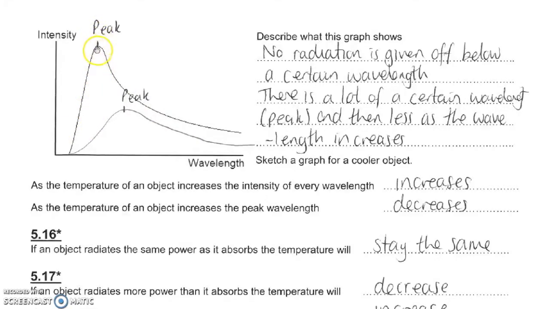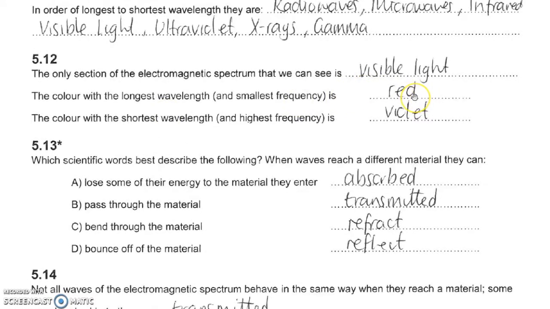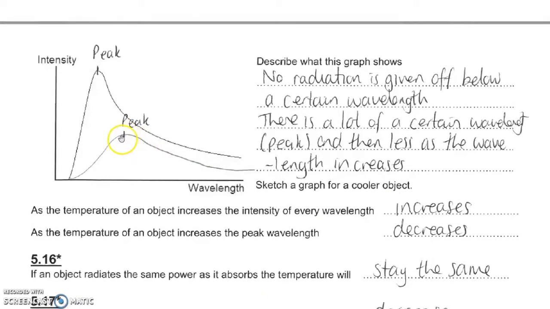Also, the peak wavelength is actually lower at a higher temperature than the peak wavelength at a lower temperature. That's important to note down. If I go back to red light being the longest wavelength, here we've got a lot more wavelengths in the red region.